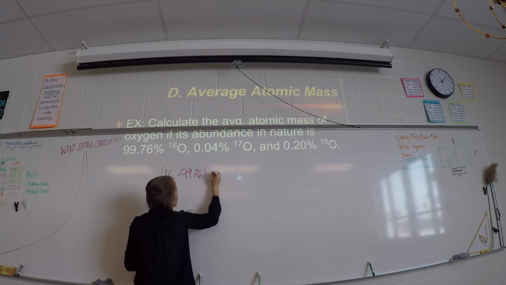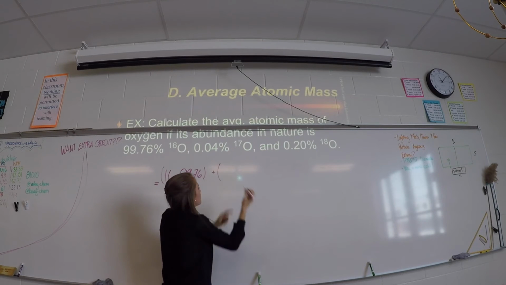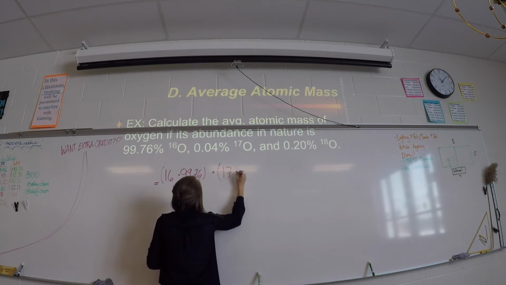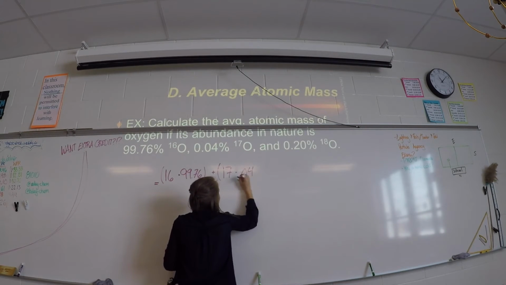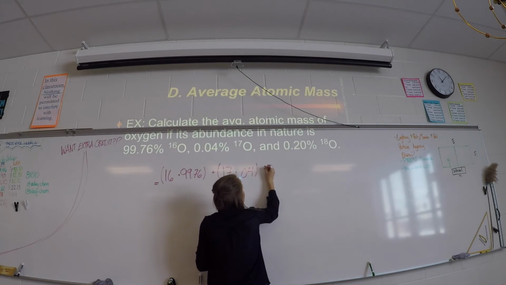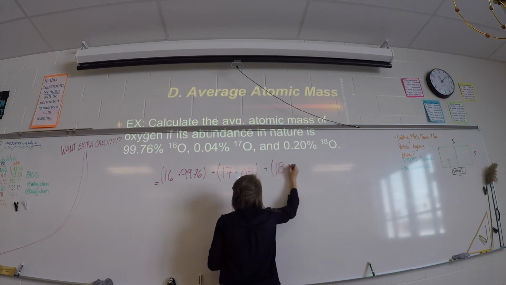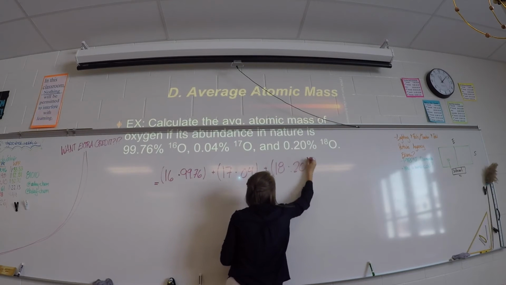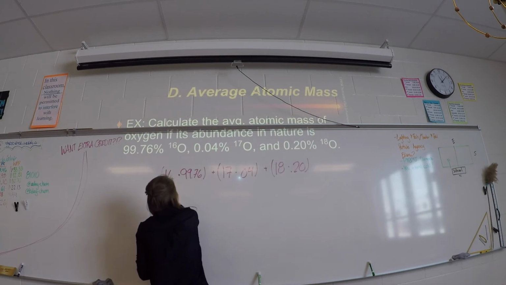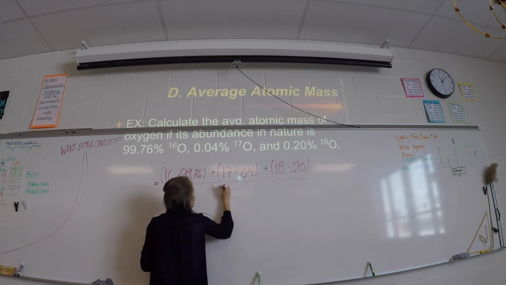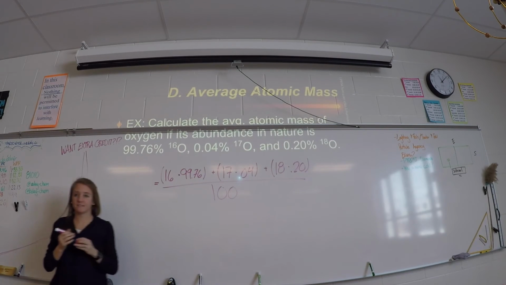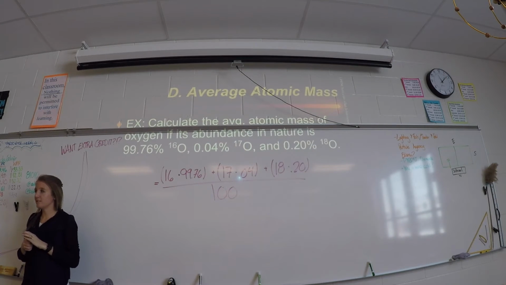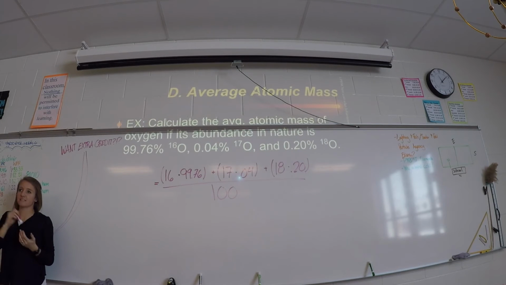Then plus, go to the next isotope, so isotope 17 times that percent abundance, 0.04, plus 18 times 0.20, and then divide that all by 100. So you take the mass times the percent, add them all up, divide by 100.